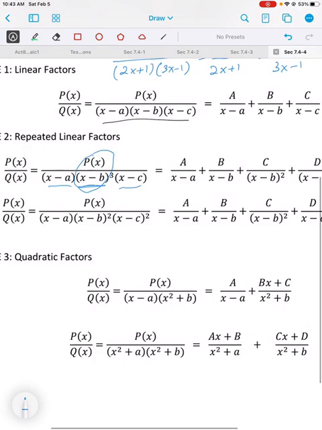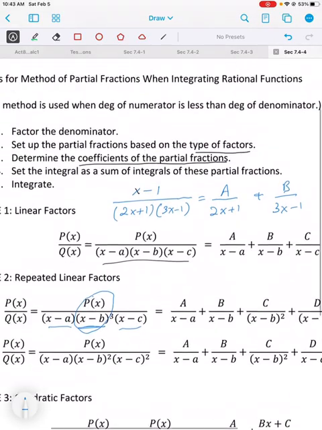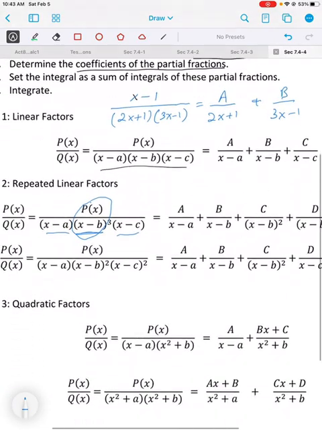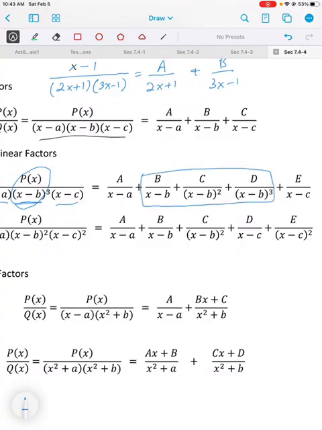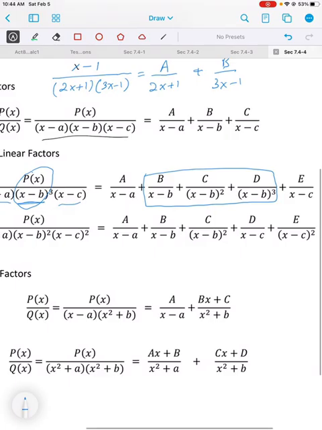So the first one, a over the first linear factor, plus, now I'm going to write the 3 fractions which are going to come because of the repetition of x minus b. And x minus b is being repeated 3 times, so I have 3 fractions for that. And then plus the last one for the last factor.